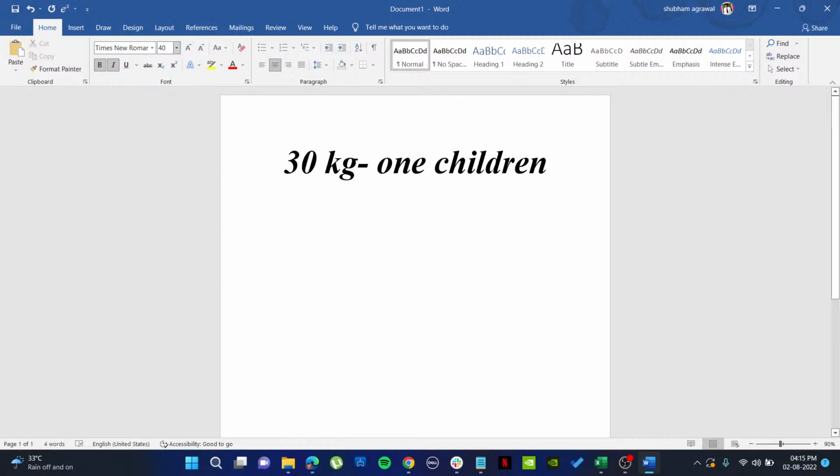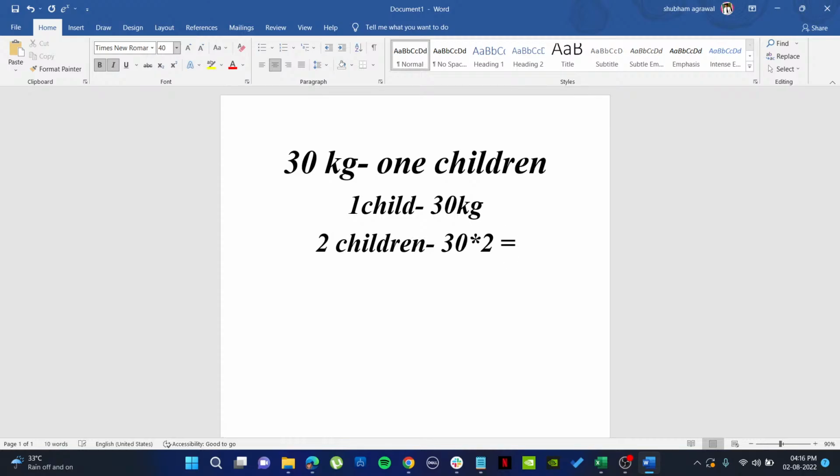By using the concept of multiplication. Let me tell you how. Suppose one child weighs 30 kilogram, and for two children, it would be 30 times 2, which would be 60 kilogram.